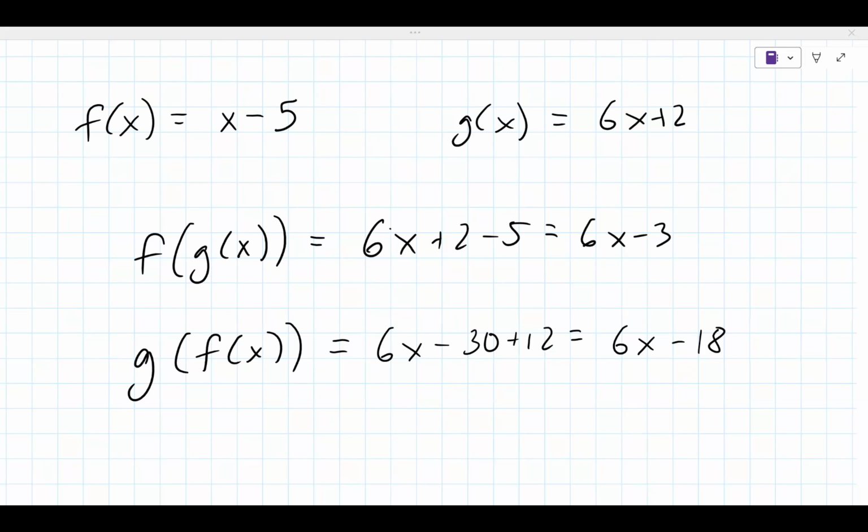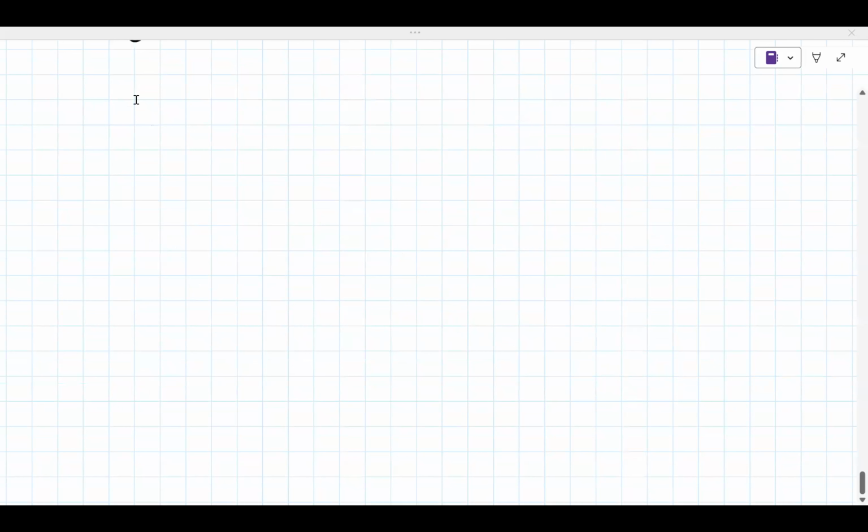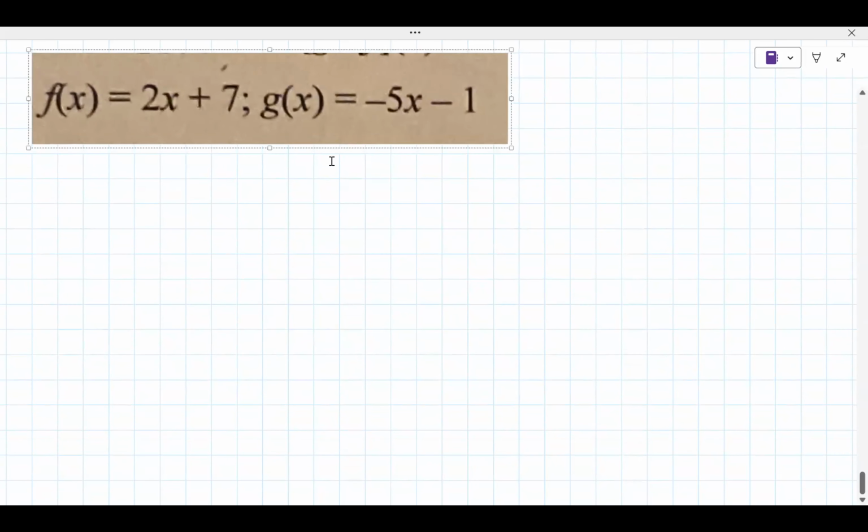Right, let me grab a few more here. All right, so let's have you do g of f of x for this one. Okay. g of f of x.